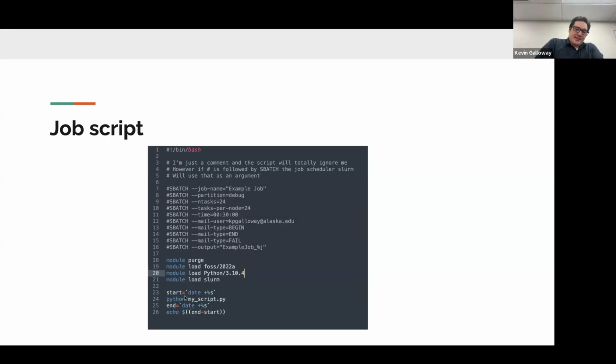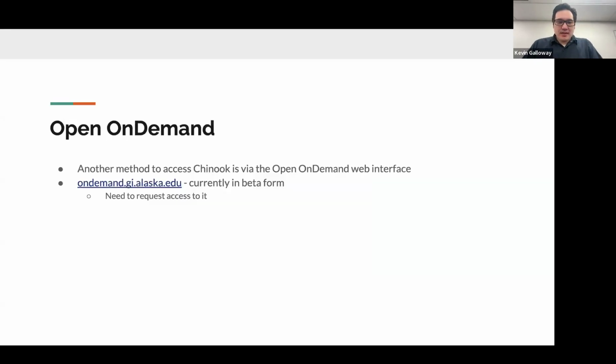But basically all I'm doing here is I set a date, run a simple little script, set an end date, and do some subtraction to get the number of seconds that it took.